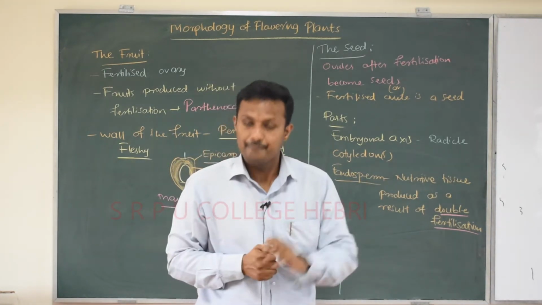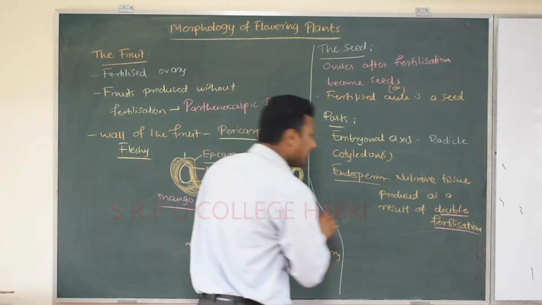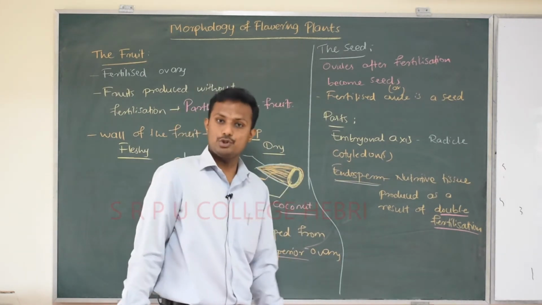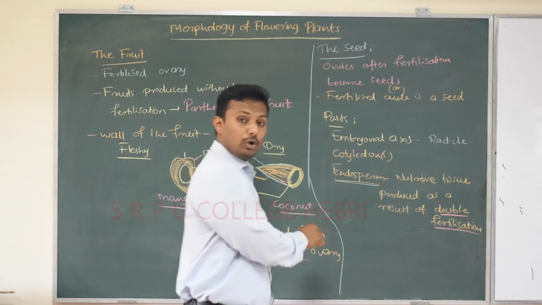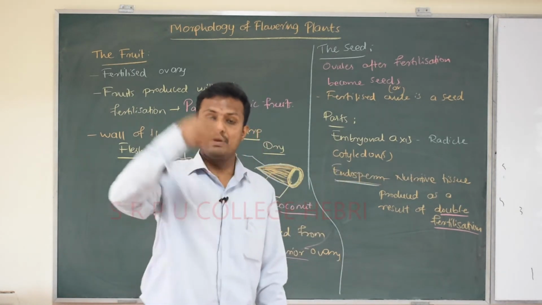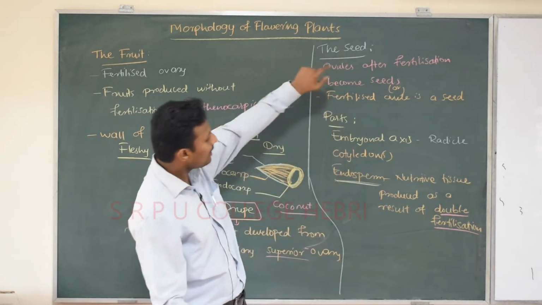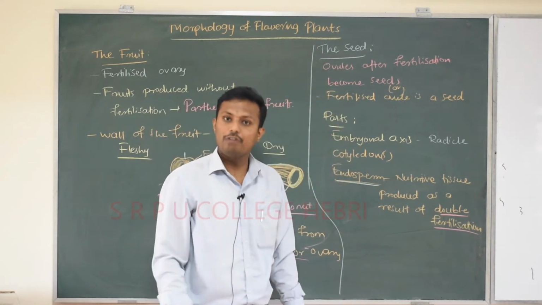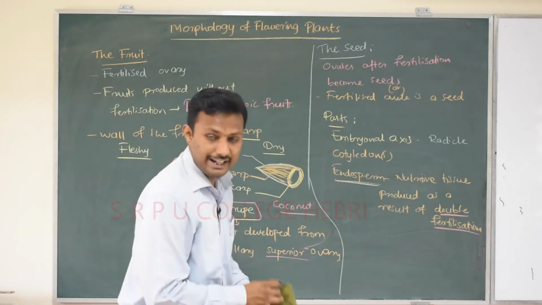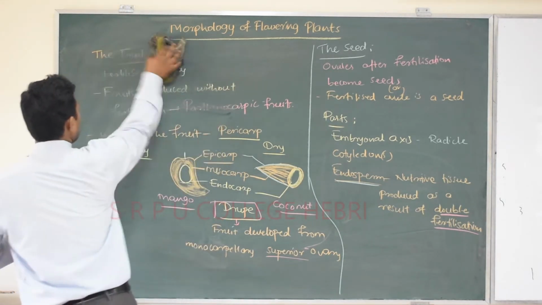That nutrition will be provided to the embryo mainly from the endosperm. In most angiosperm seeds, the embryo extracts nutrition from the endosperm. So these are the three main parts of a seed. Now let us study the dicot seed specifically first, and then we can go for the monocot seed.